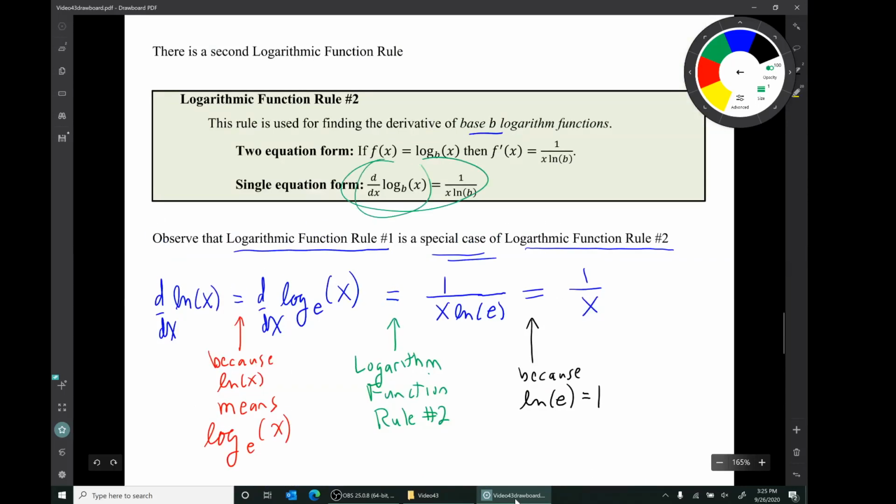That's this rule: d dx of log base 13 of x equals 1 over x ln of 13.